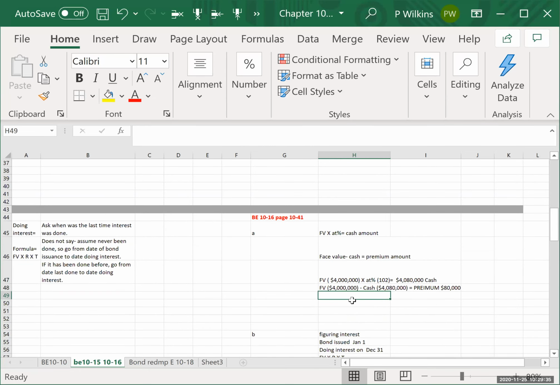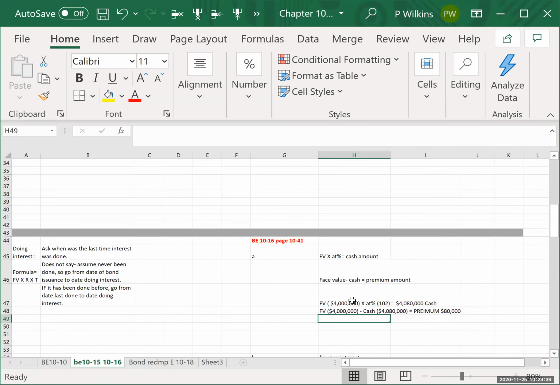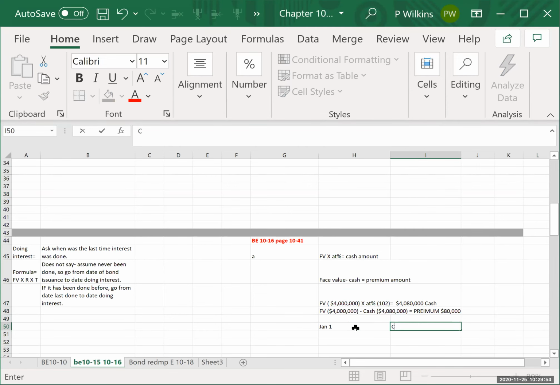Okay. So now we have to go to B. Oh, no, we have to do the entry, right? We got to do the entry for that. Okay. So doing our entry. January 1, we are going to debit cash for $4,080,000.